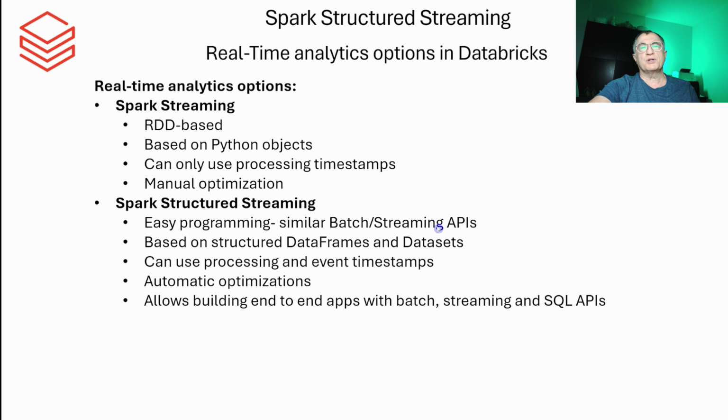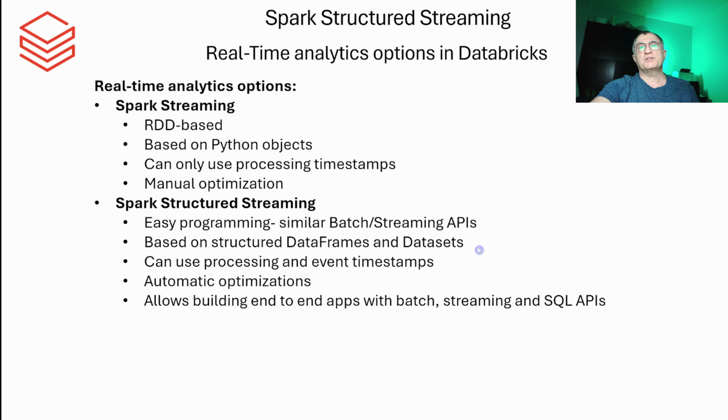The next option is Spark Structured Streaming, and it comes with a lot of advantages. First of all, it's easy from a programming perspective. As you will see shortly, its APIs and programming constructs are very much like static or batch transformations.